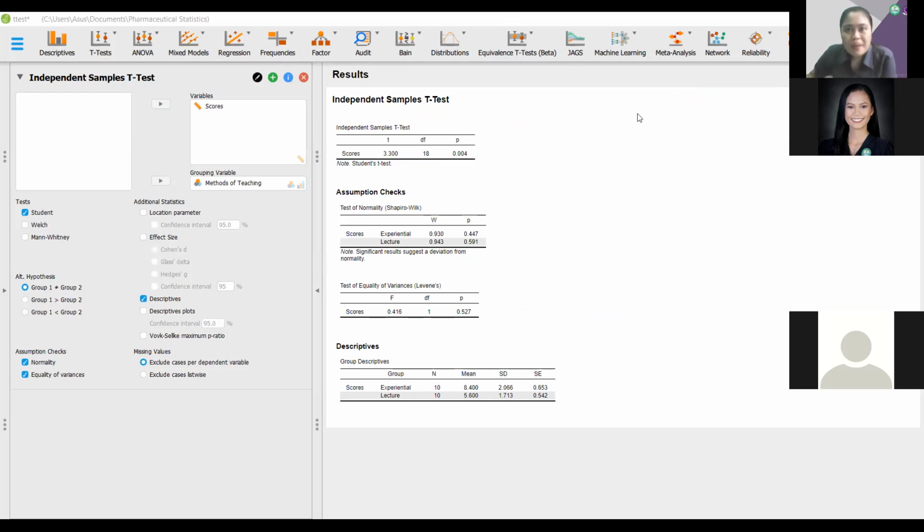Okay? Any concerns, questions, or clarifications regarding the first example for the t-test? Is there anything you want to clarify? I hope you understood the independent sample t-test.